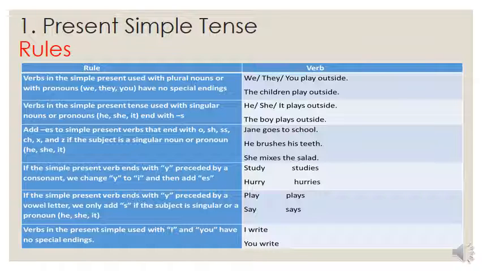If the y is preceded by a consonant, you replace the y with i and then add es. And if the y is preceded by a vowel letter, I mean a, i, o, u, e, then you just add s to the verb. And of course, the simple present verb is used with I and you with no special endings, which means the root form of the verb.